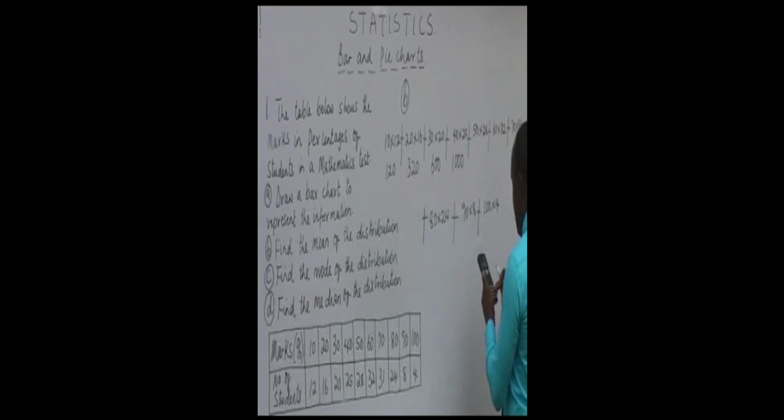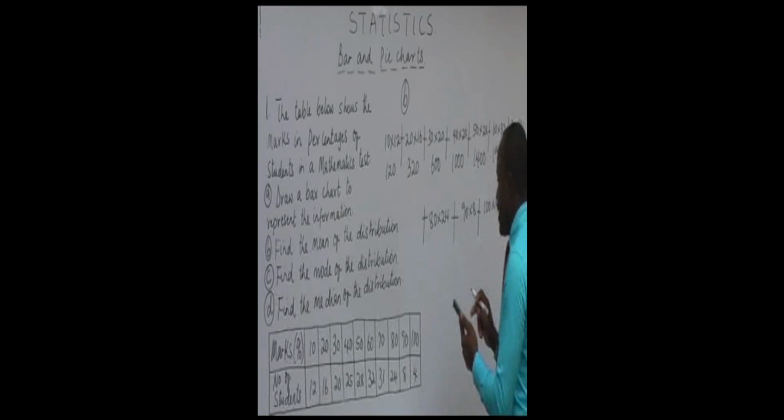The next is 50 times 28, 1,400. Next is 60 times 32, 1,920. Next is 70 times 31, 2,170.